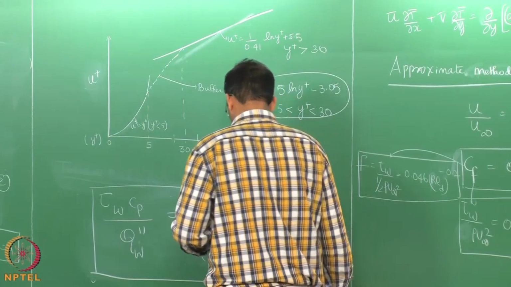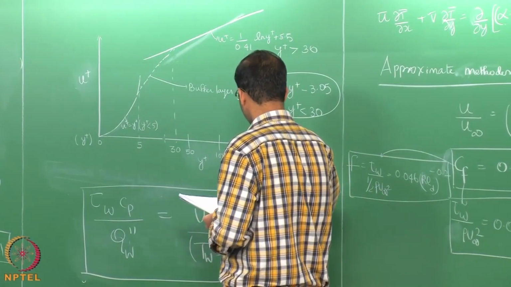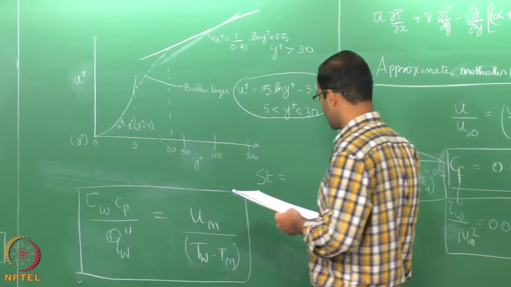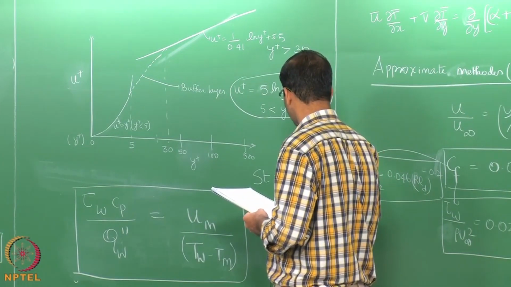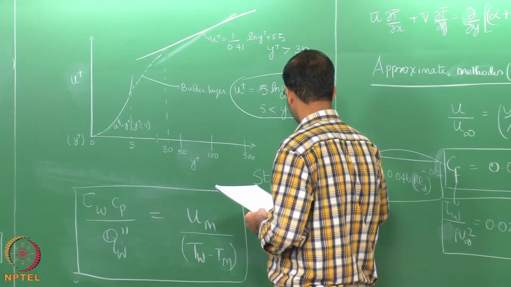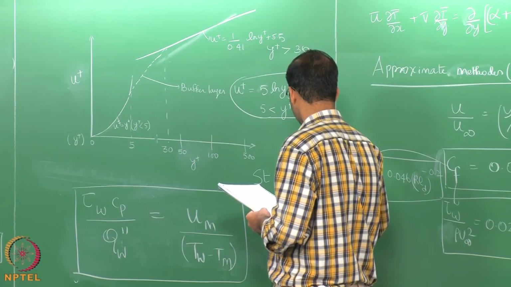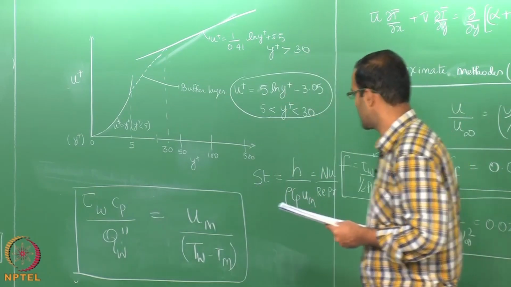Okay. So, now I already introduced the definition of Stanton number to you, which is nothing but h by rho Cp um. This is nothing but Nusselt number by Re into Pr, correct.